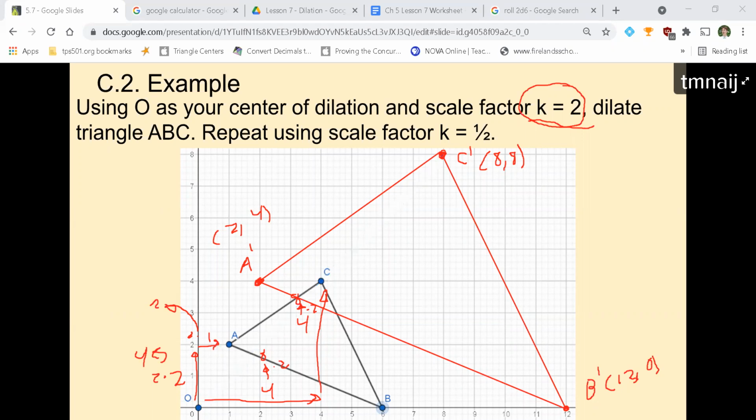And from O to B prime, it was 6, and now the whole thing is 12. And to be honest, what I would expect to see on your work is really just the final image. You don't actually have to draw those little arrows in for the slope and all that. You can just do that in your head. I drew them in there, but you don't have to, because I just want to show what I'm doing.